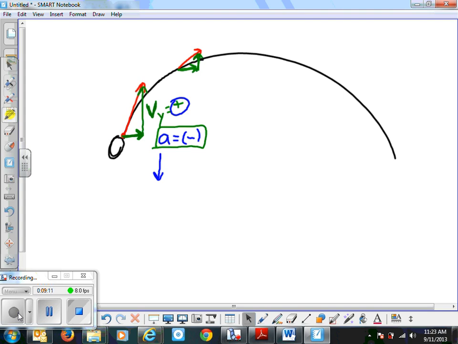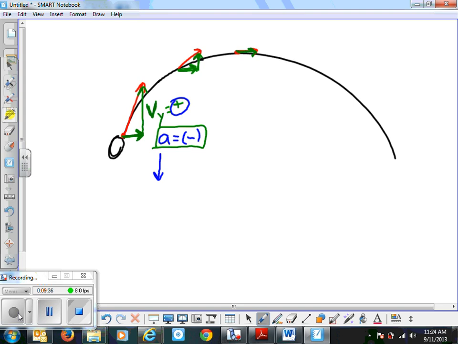Now this is on the test, so you're going to have to reproduce this on the test. What's our velocity right here at the top of the parabolic path? Well, it's all x. Notice all of these x's should be the same length, signifying that there's no acceleration, no change in the x direction.